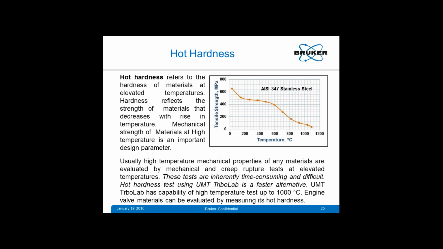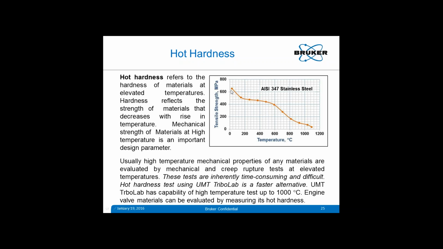Hot hardness can also be measured using the UMT TriboLab. Hot hardness is basically the hardness of materials at high temperature. Some materials are exposed to high temperature at the surface and are supposed to maintain their mechanical strength at that temperature, so it is very important to measure the high temperature strength of materials.